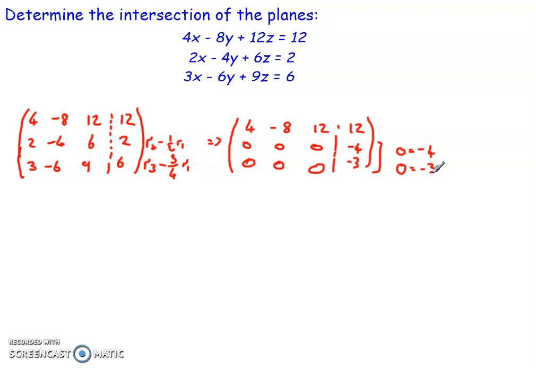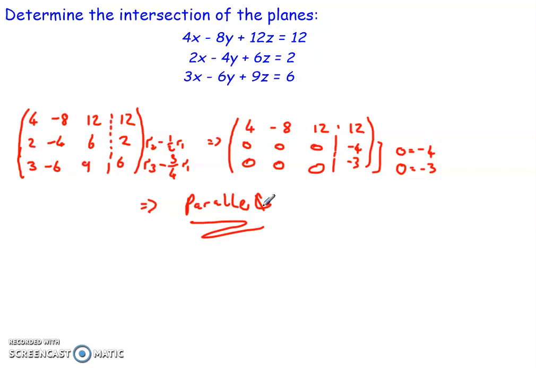And if I look at them, they're not coincident. They're not scalar multiples of each other. So that means in this case, all three of them are parallel. That's the big difference between this one and the previous one. That's the big difference between coincident planes and parallel planes.